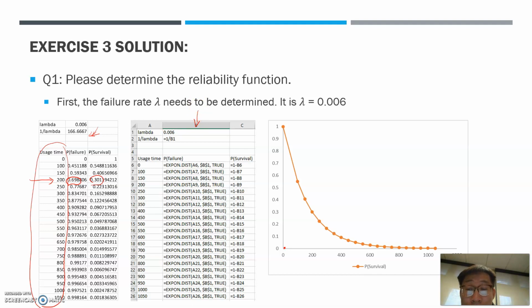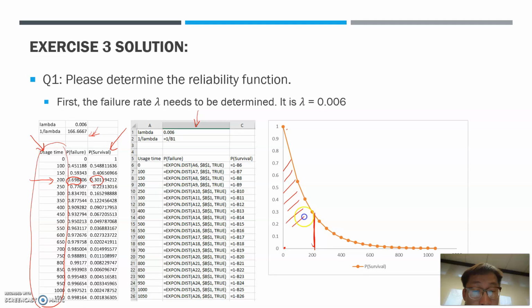If you plot this, I think this is a survival curve. I have plotted usage time against the survival probability. So that will give you the exponential curve right here.